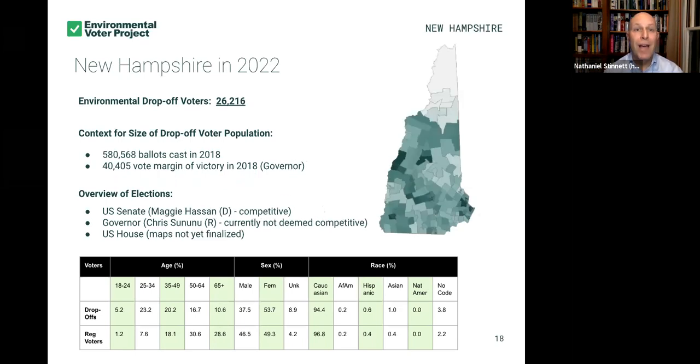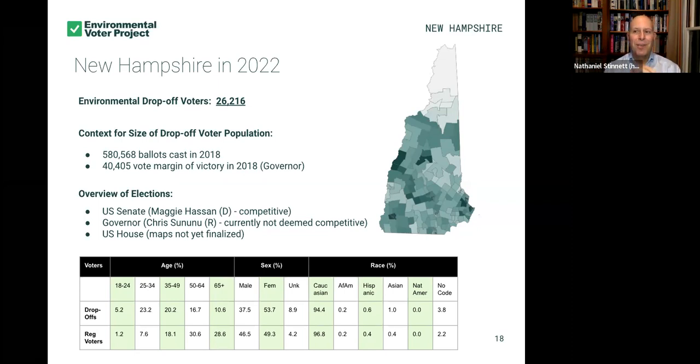All right, New Hampshire. Yes, there's urban clustering here, but this is a far more exurban and rural, well, suburban, exurban, and rural population than we're used to seeing. Here, boy, is a lot of data missing. As I'm sure comes as no surprise to people, New Hampshire, live free or die. They don't really want to share all of this voter file data in the way that a lot of other states do.